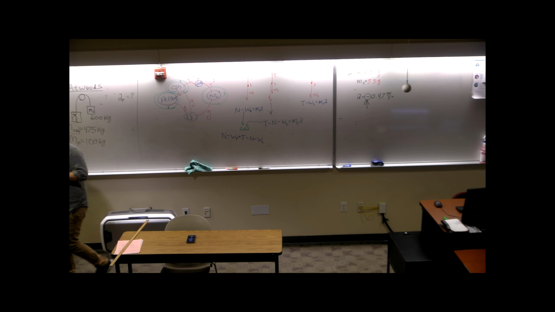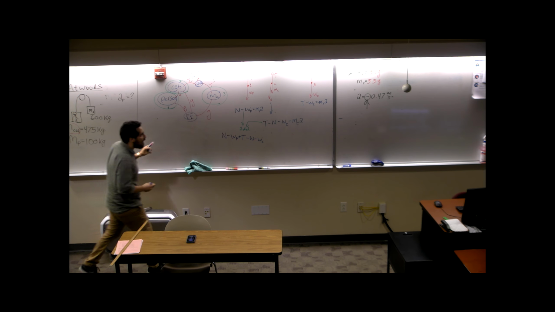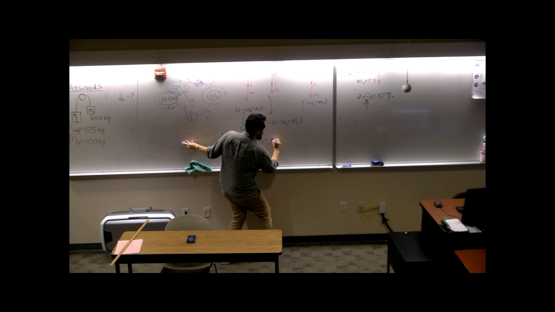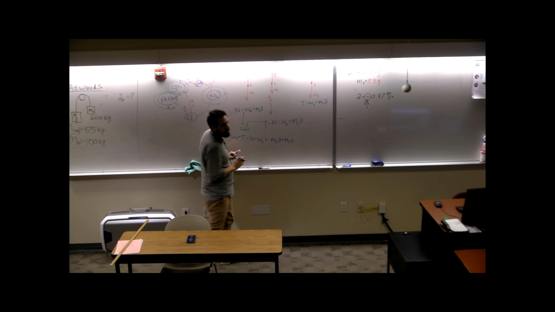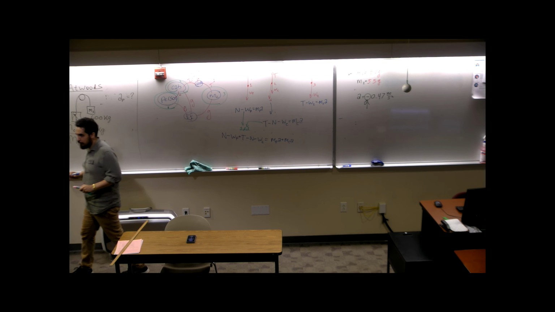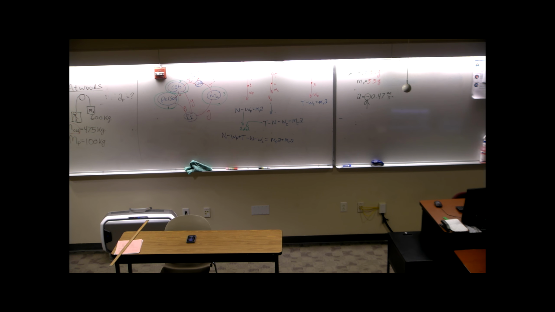Right? We add together the left side. Then we also add together the right side, which would give us mass of the person times acceleration plus mass of the cab times acceleration. Sound good? Do we see how I added those 2 equations together?